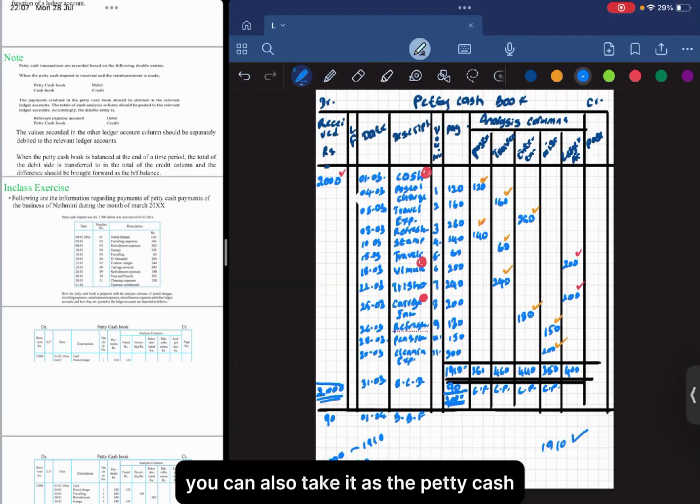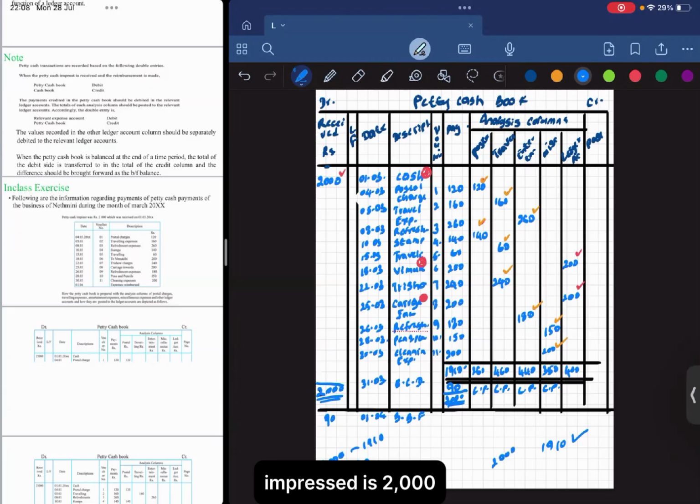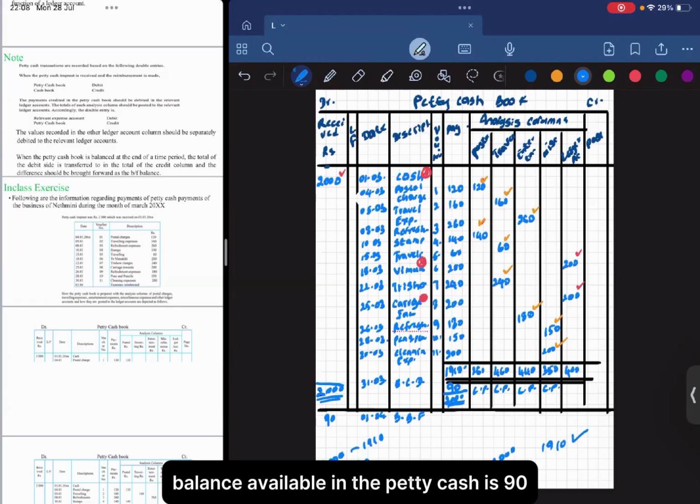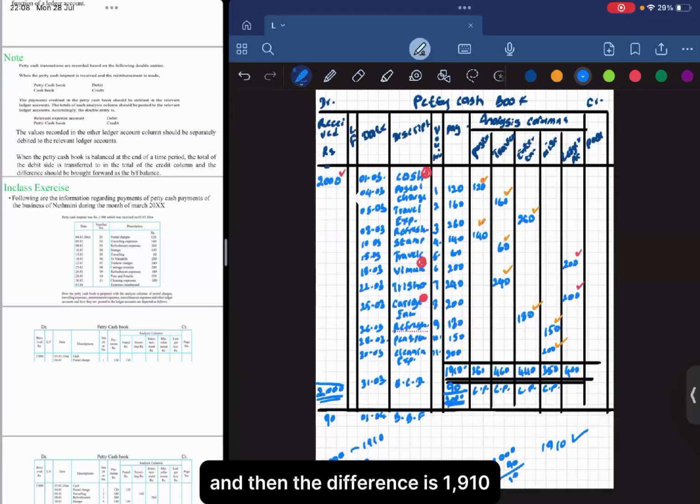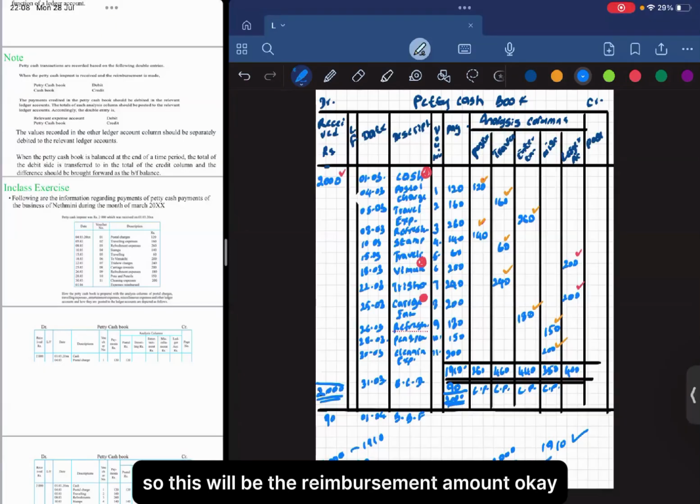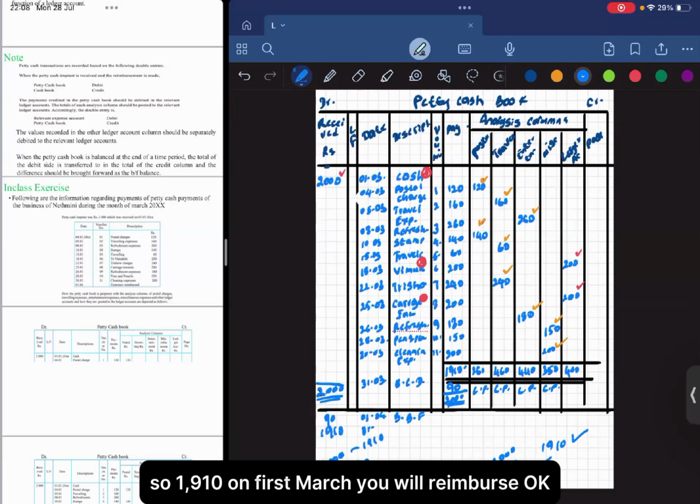Or else you can also take it as the petty cash imprest is 2000 and the balance available in the petty cash is 90, and then the difference is 1910. So this will be the reimbursement amount.